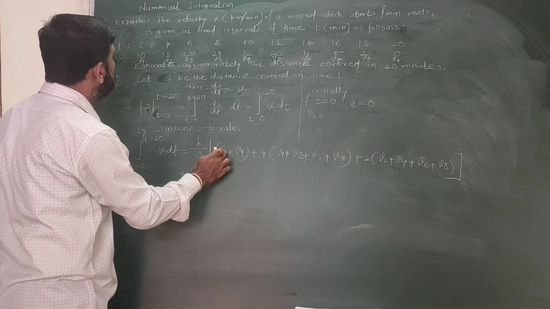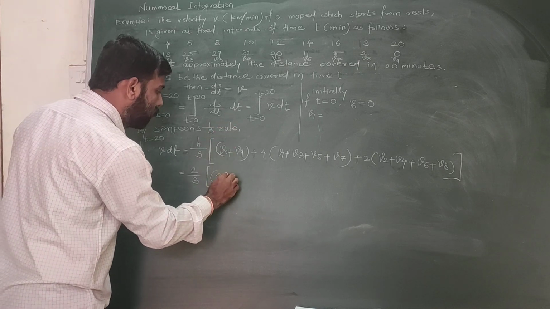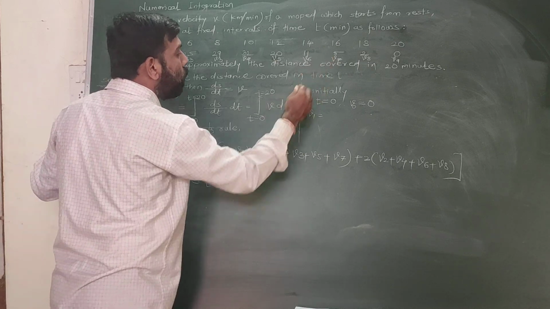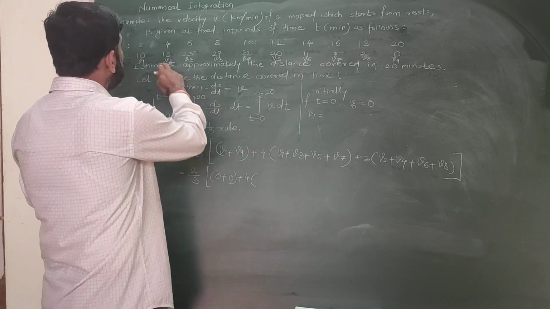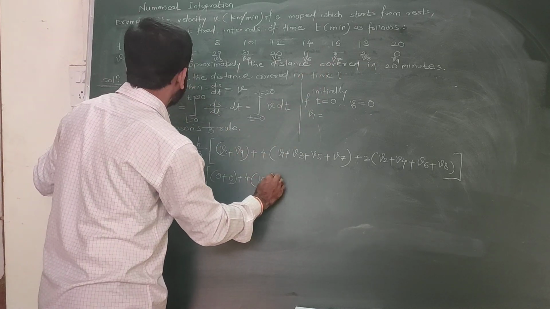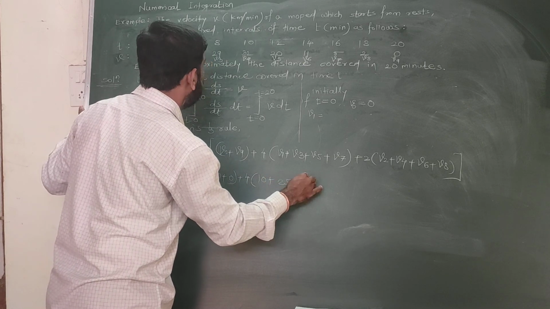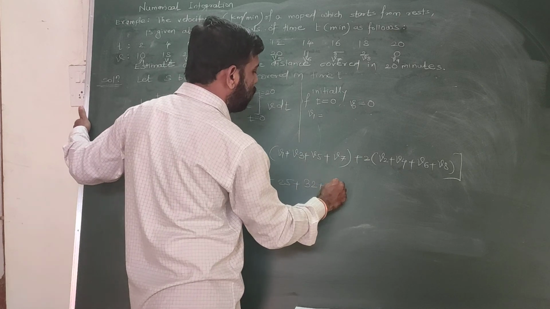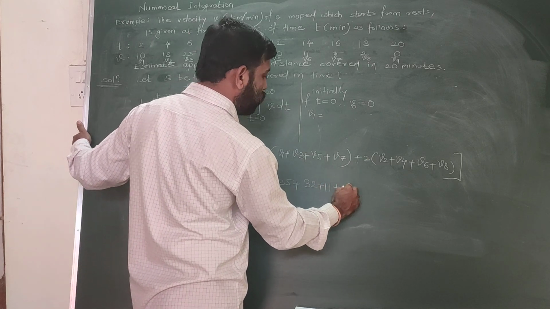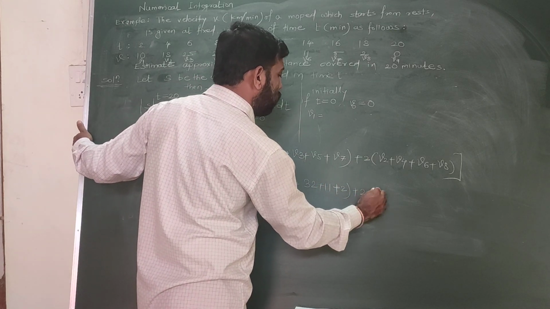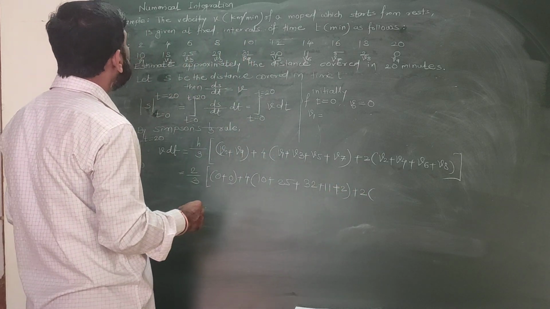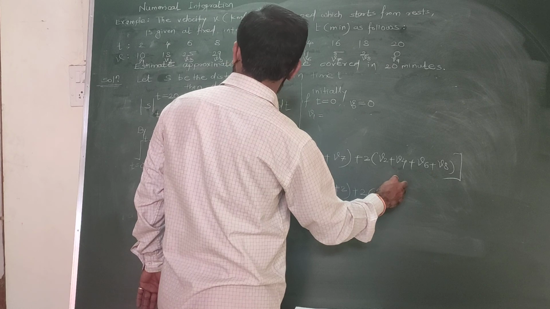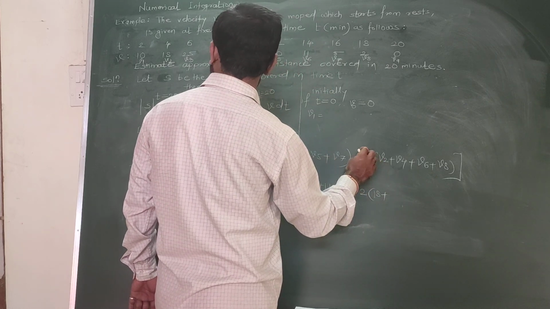Now we substitute v0 first, 0. And the last value v9, again it is 0. 4 times v1 first, 10, 25 plus 32 plus 11, plus 2 times v2, 18, 29, 18.